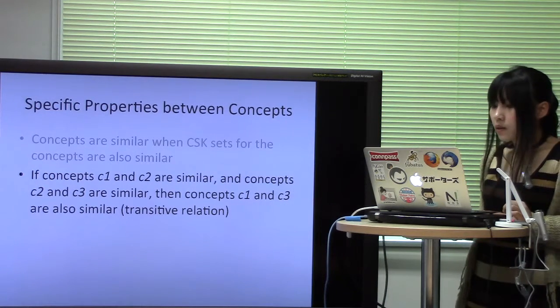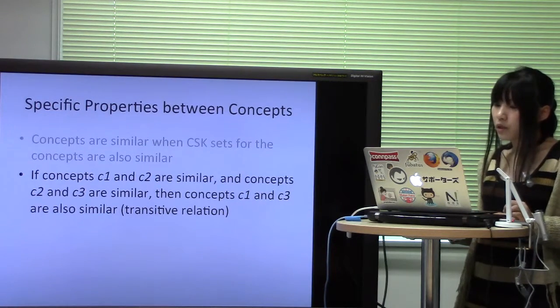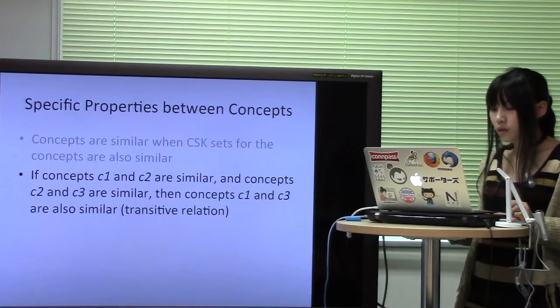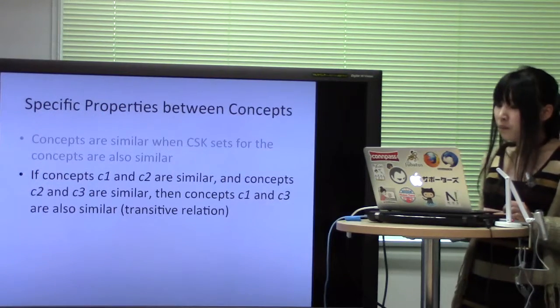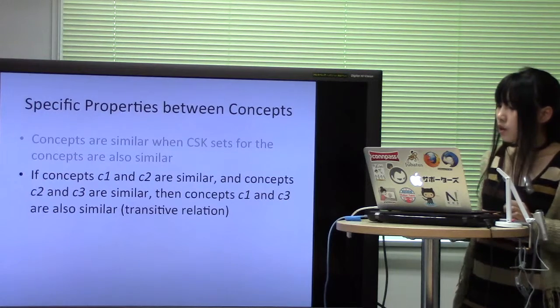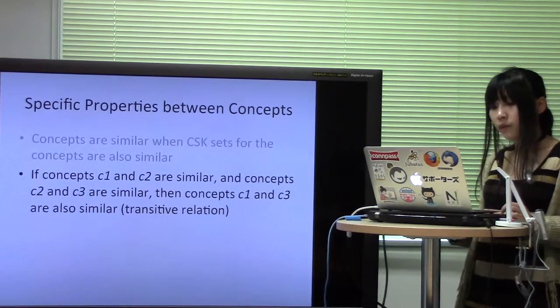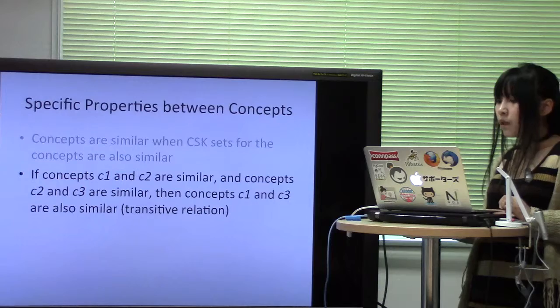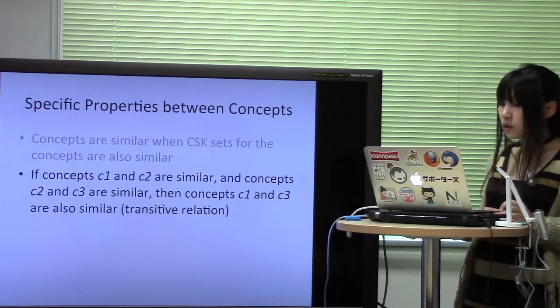Second hypothesis, if concepts C1 and C2 are similar and concepts C2 and C3 are similar, then concepts C1 and C3 are also similar. In brief, the similarity computation between concepts holds a transitive relation.